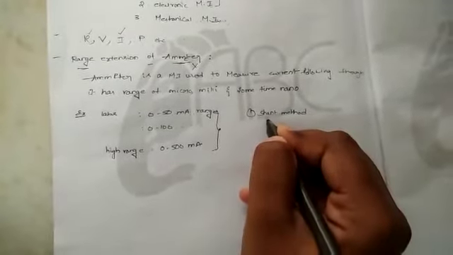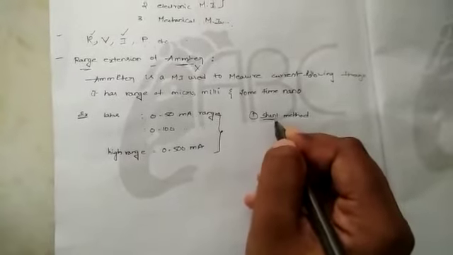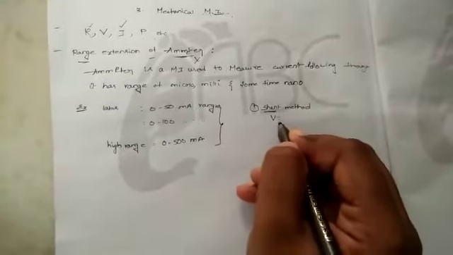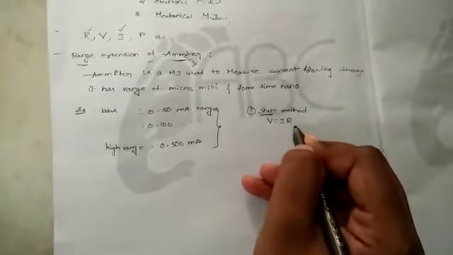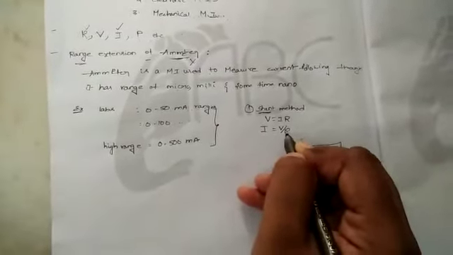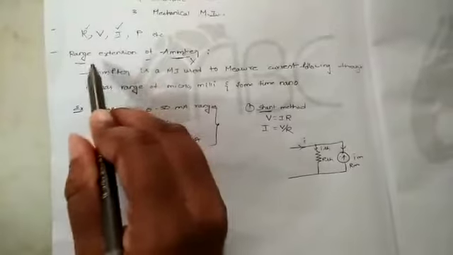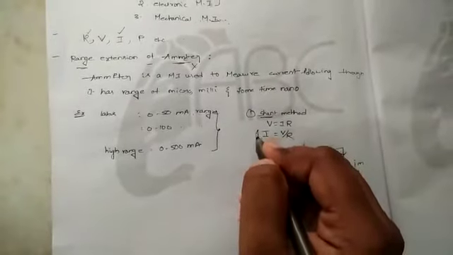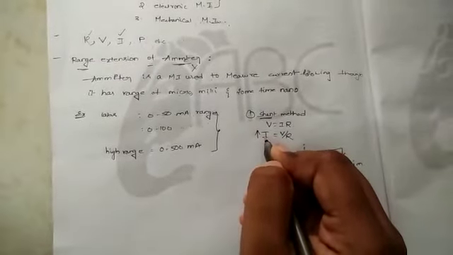The name itself indicates the shunt: adding some resistance in parallel to the ammeter. We know the formula V equals IR, from which current I equals V by R. Our aim is to increase the range of the ammeter, so I want to increase the current measurable by the ammeter.